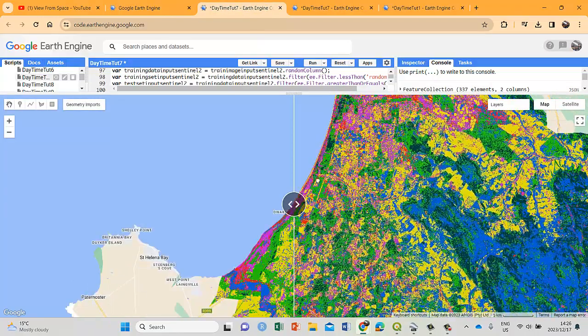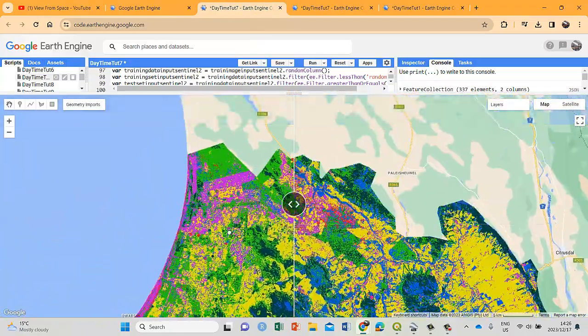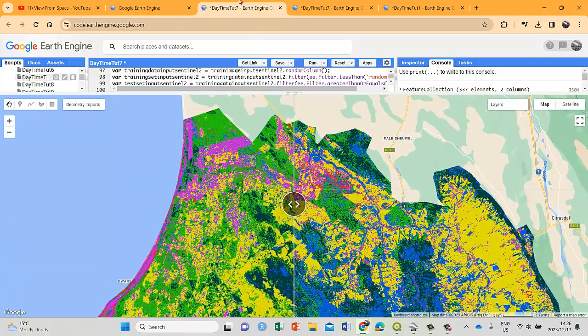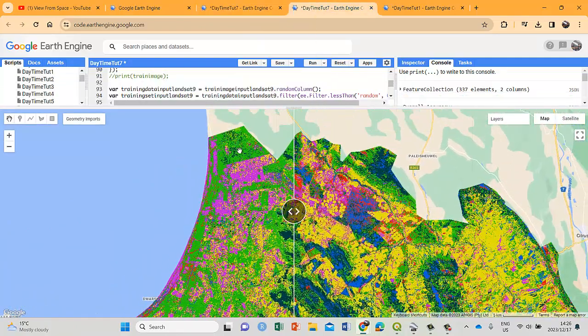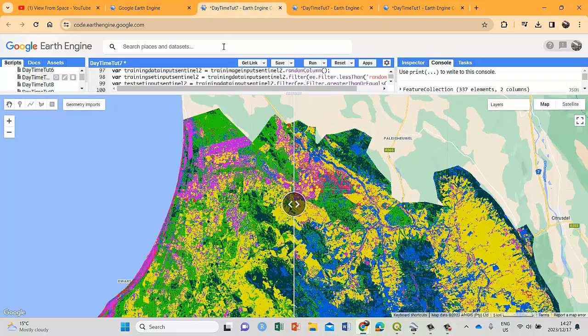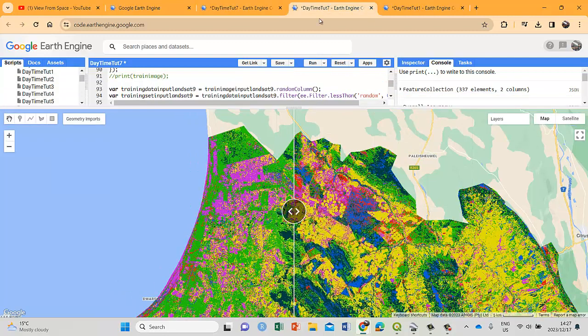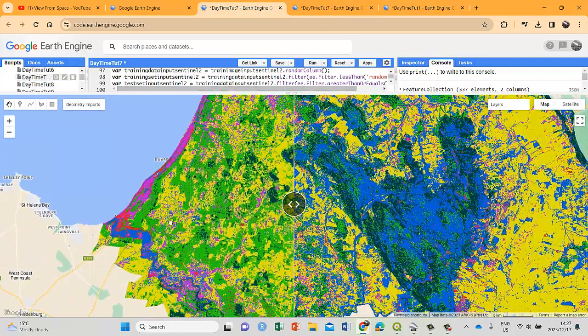But if you look now at the LandSat, you can see again the LandSat is much more green in the winter, this one here, than in the summer.